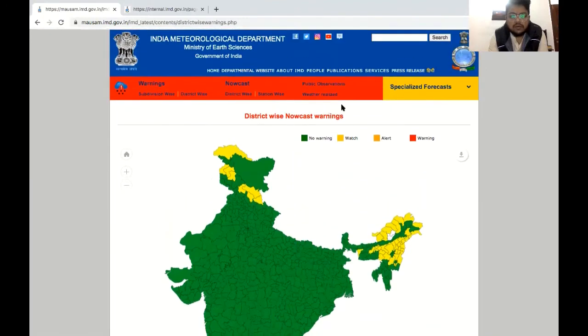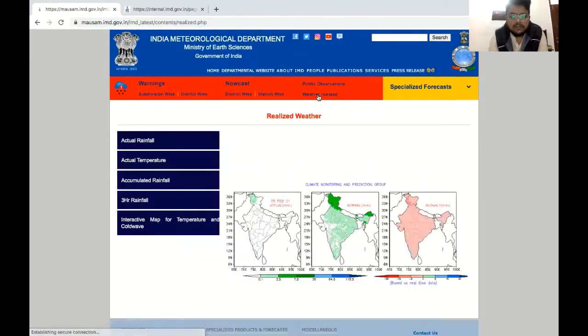Now, if we go to weather realized, the two important things that you should keep in mind are the actual rainfall and actual temperature. So these are the actual rainfall maps, and this central map gives you the average rainfall of the country.